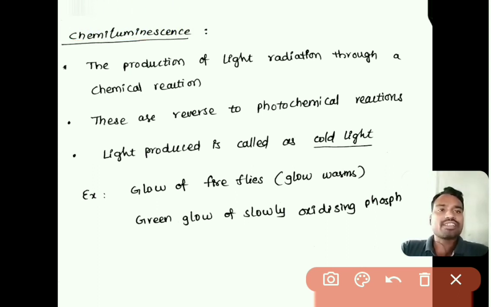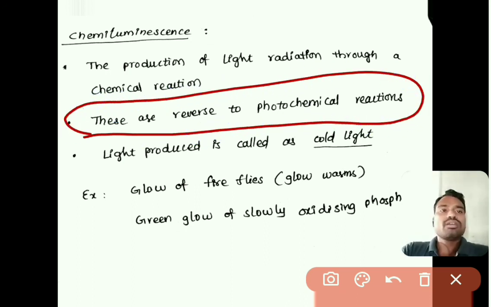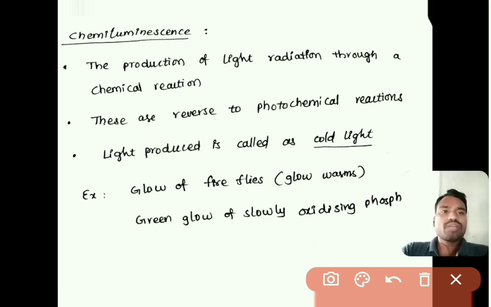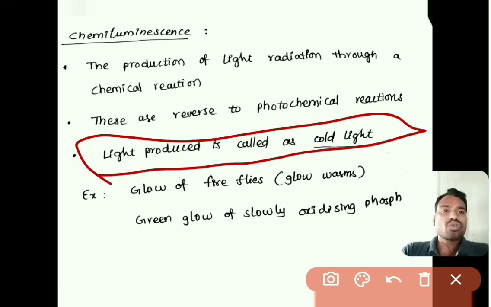Luminescence means light, right? So these are the reverse processes of photochemical reactions. In photochemical reactions, reactants absorb energy and undergo chemical reaction, and here, by chemical reaction, some light is produced. That's why these are the reverse of photochemical reactions. The light produced in this process is called cold light.